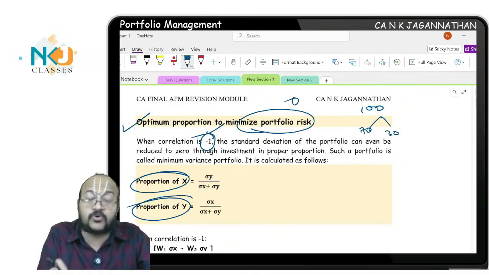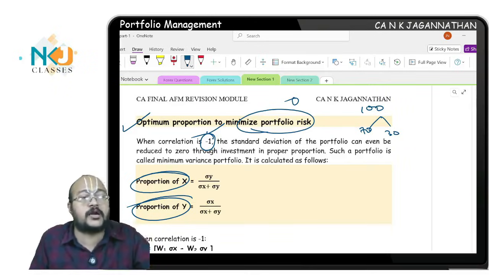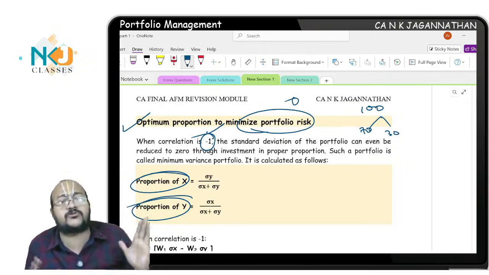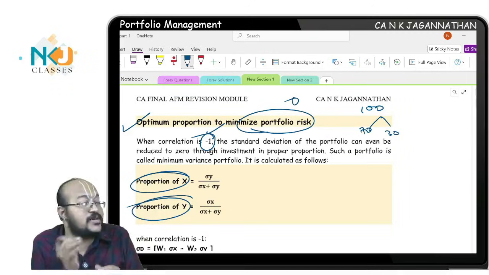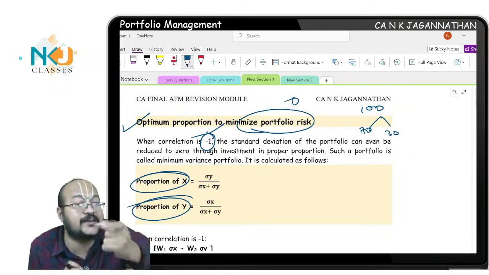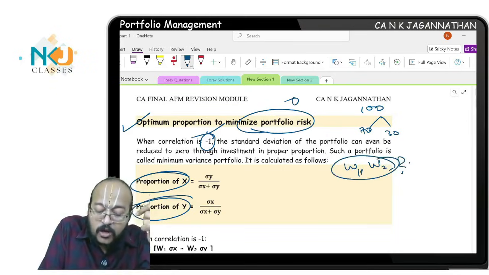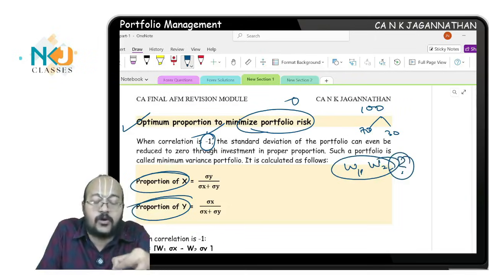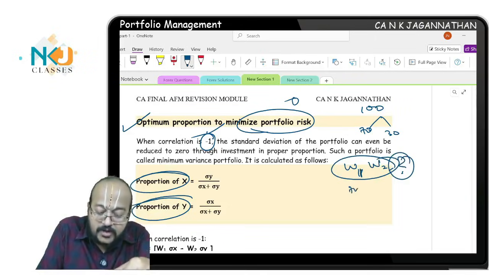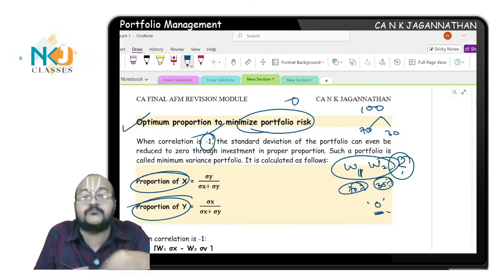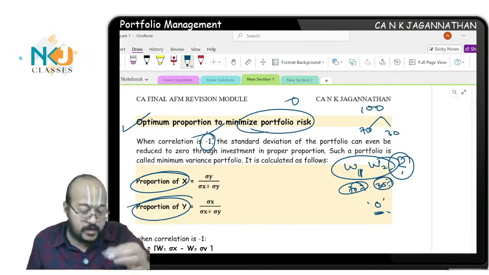There is some proportion in which you have to put your money. It's not like you put 100% in one security and expect the risk to become 0. What proportion do I need to invest in this security? What will be the weight, the W1, W2? You need to find this out. There is a formula. If you put W1 as 70%, W2 as 30%, whatever it is, your portfolio risk will become 0.